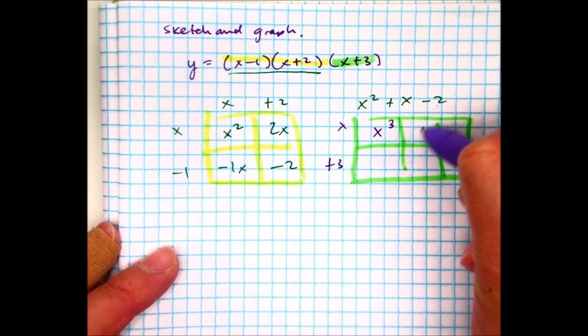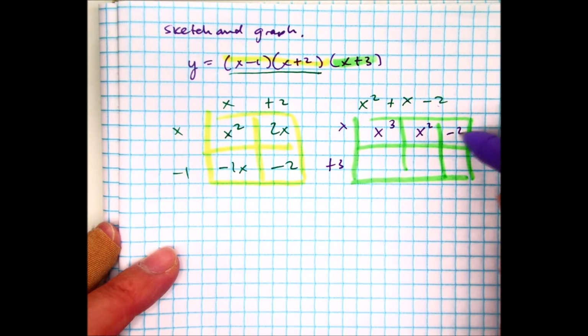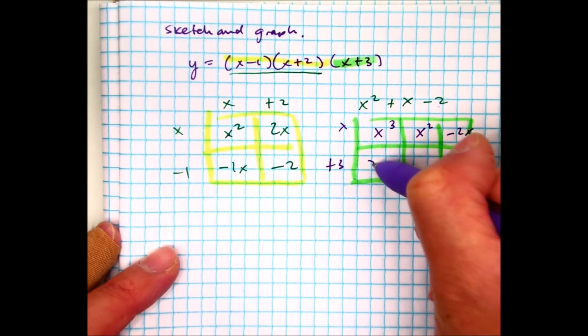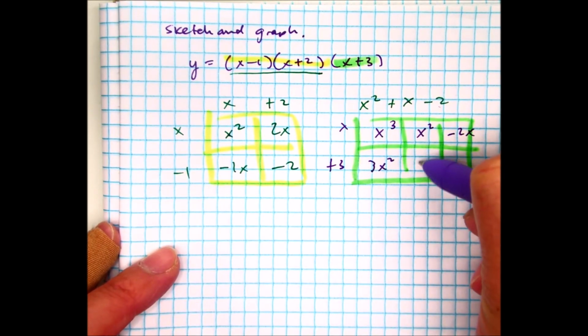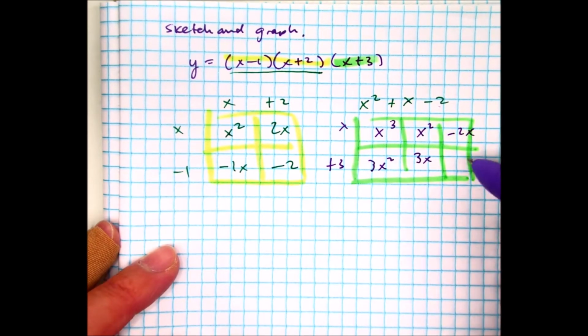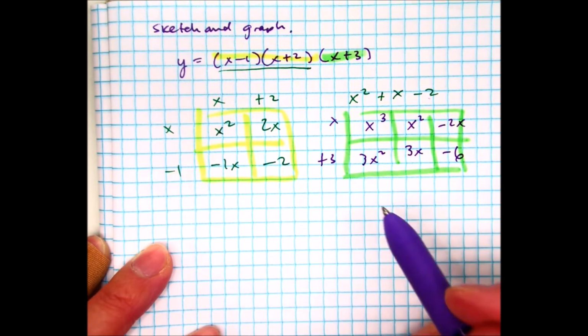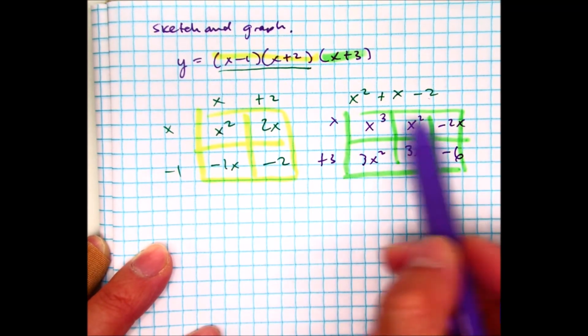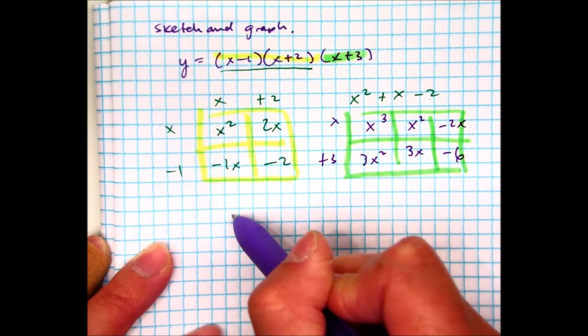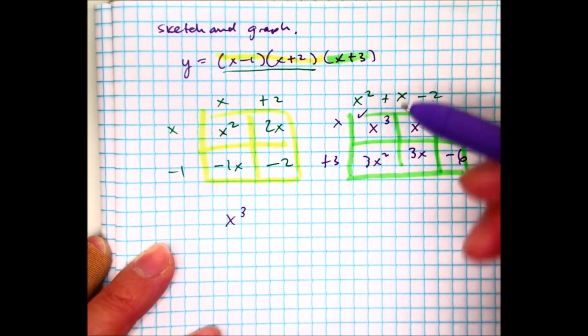Here? x squared. Negative 2x. Yes. 3x. Good. 3x. Keep going. 6x. Go ahead and combine like terms now. x cubed. The little check mark helps you.